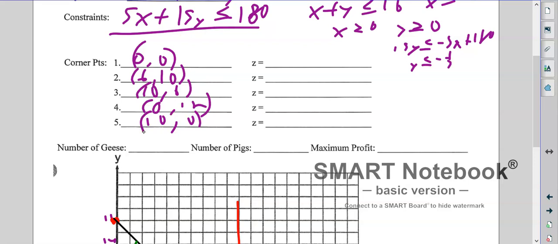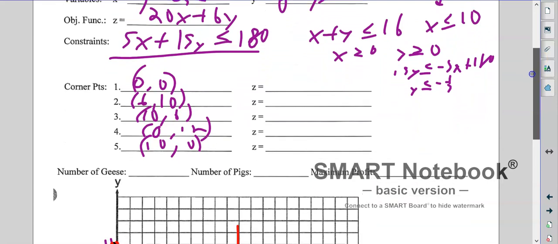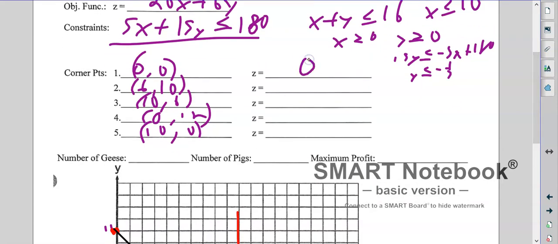Plugging them into the objective function, 20x plus 6y. So obviously 0. 6 times 20 plus 6 times 10 is 180. 10 times 20, 200, plus 6 times 6, 36. 236. 0 cancels out the x. 12 times 6 is 72.